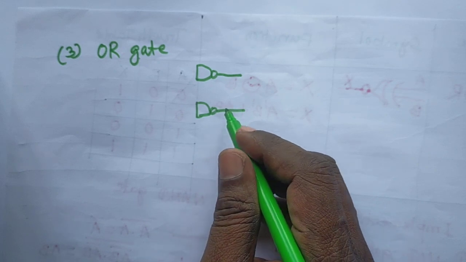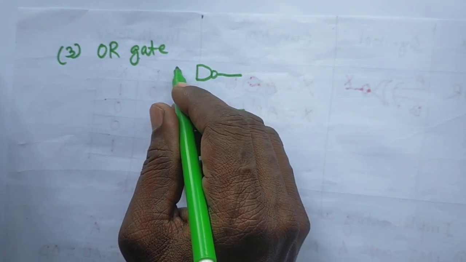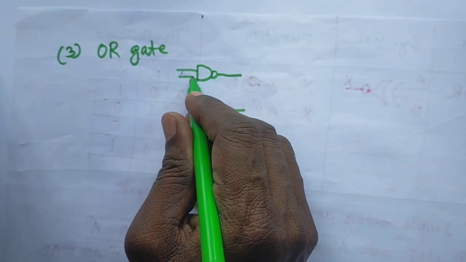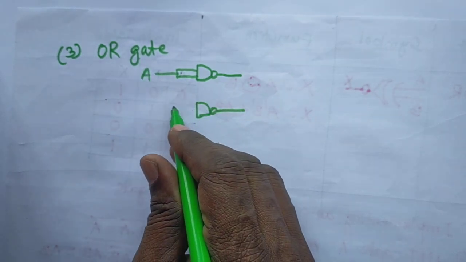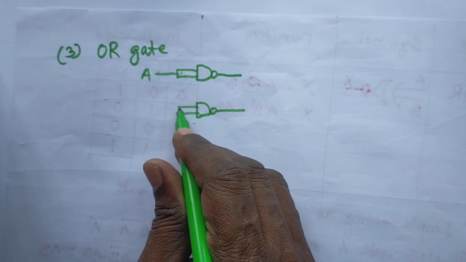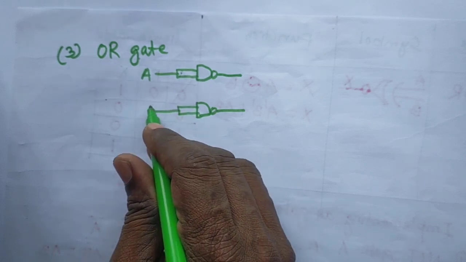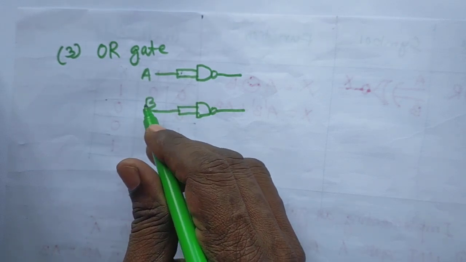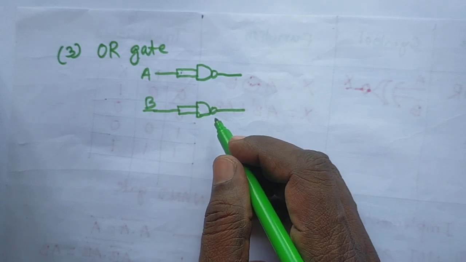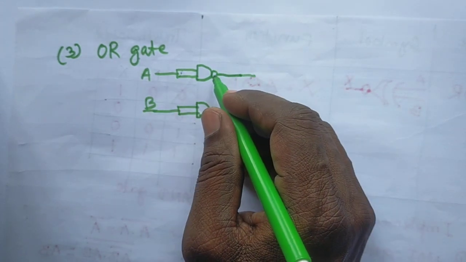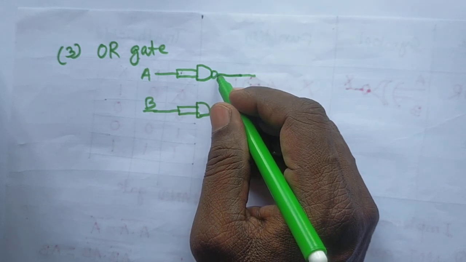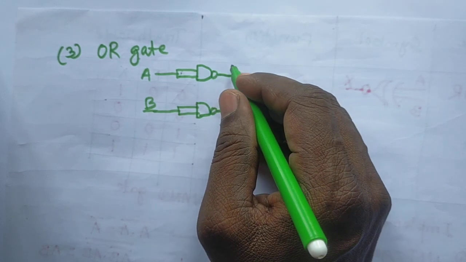Like here you see, here is A, here is B. So whenever we go through here, this particular A complement, actually here is A complement, I have already discussed this.